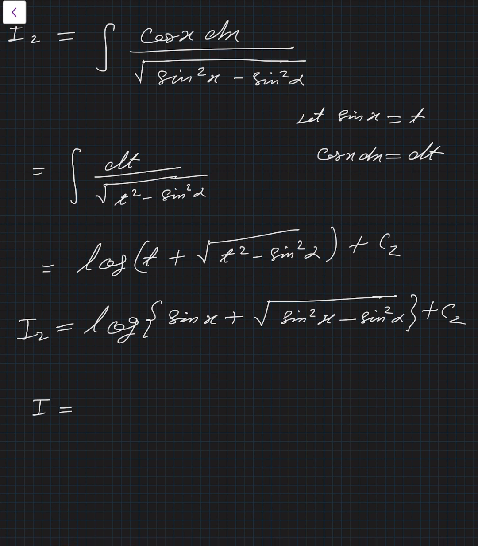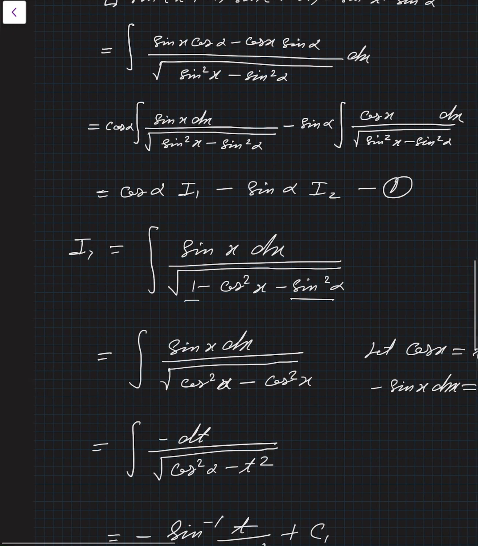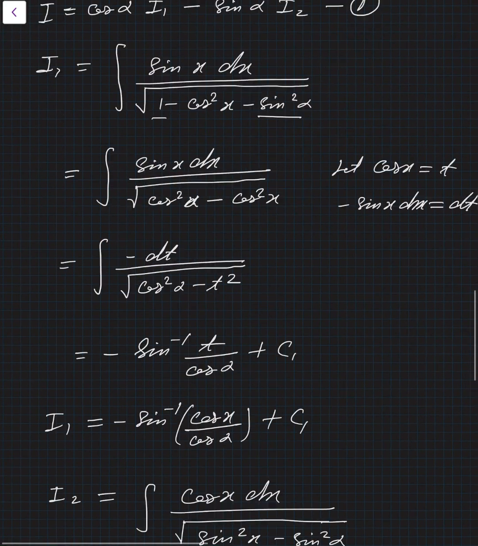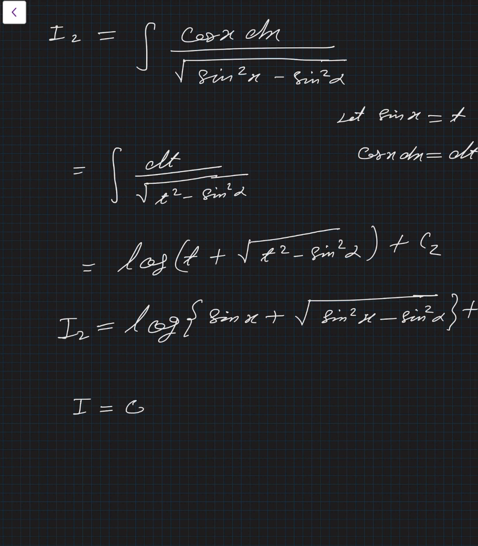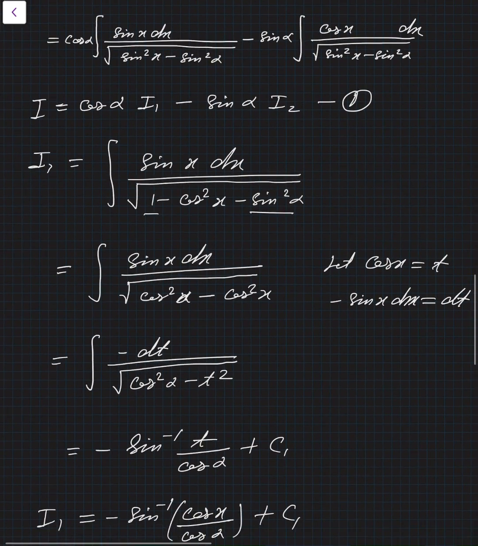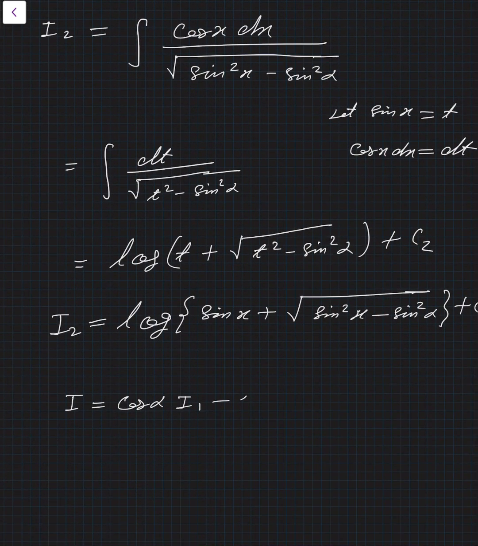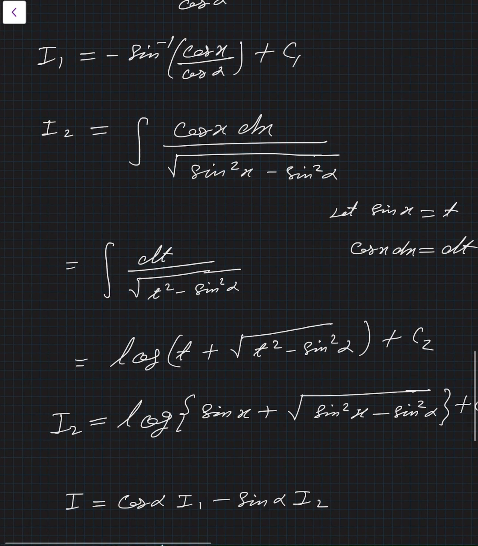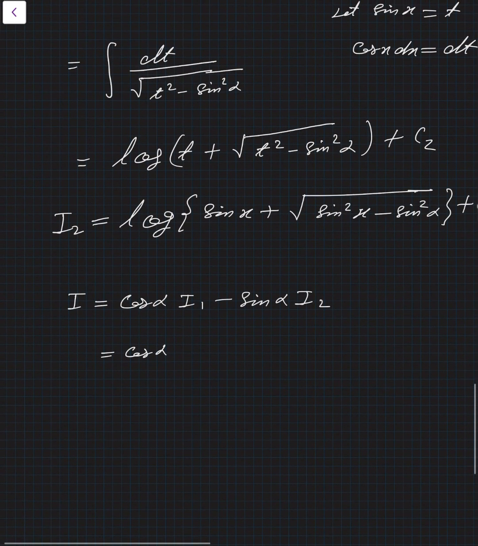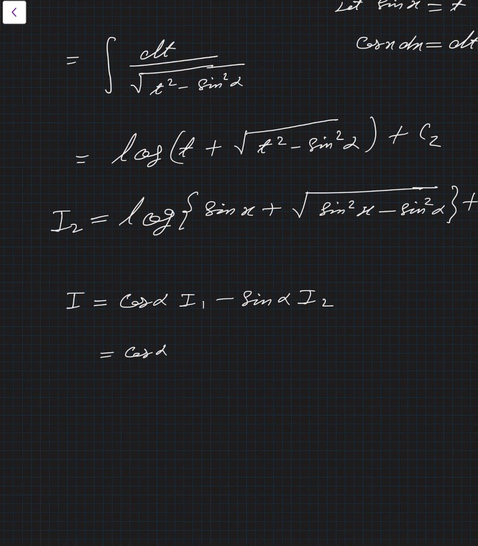So I is equal to cos alpha I1 minus sin alpha into I2. I1 is minus sin inverse cos x upon cos alpha.